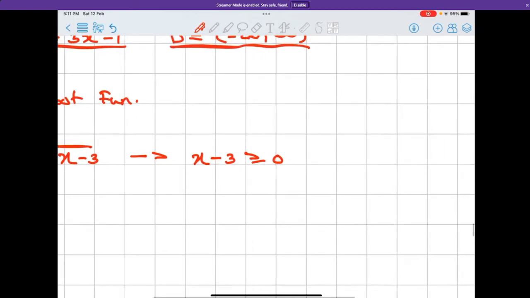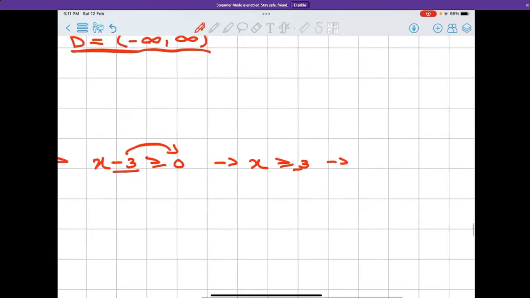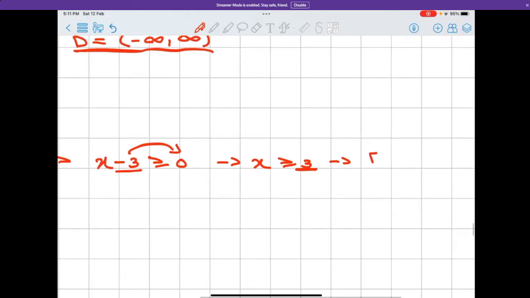And then we can take this and move it to the other side, which gives us x greater than or equal to positive 3. So in this case, positive 3 is included in the domain. We can use it as an example of the range of the domain. So we write it as this bracket.